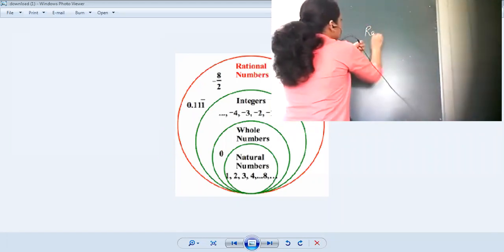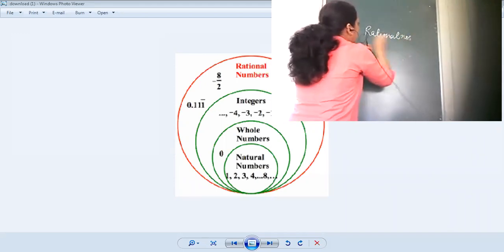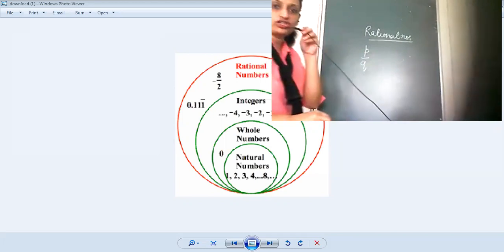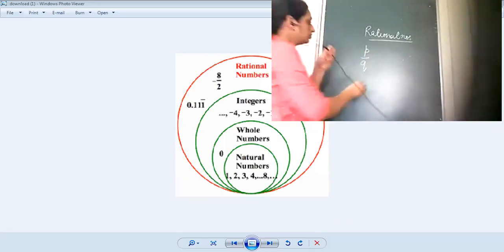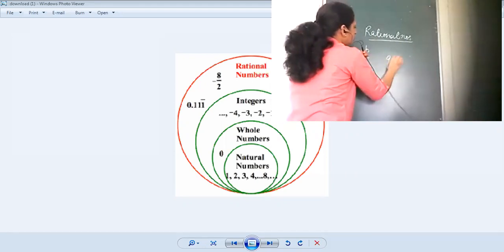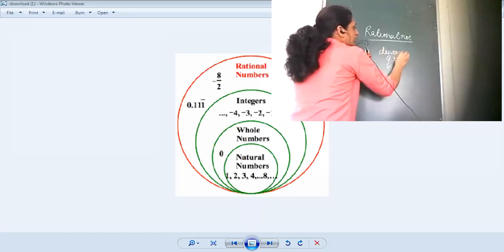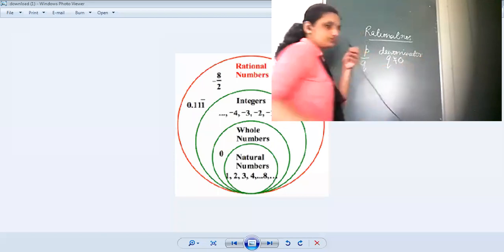So rational numbers are always in the form of p by q, that is, in the fractional form. Always in the form of p by q. And remember that q is not equal to 0. That means the denominator is not equal to 0 in rational numbers.